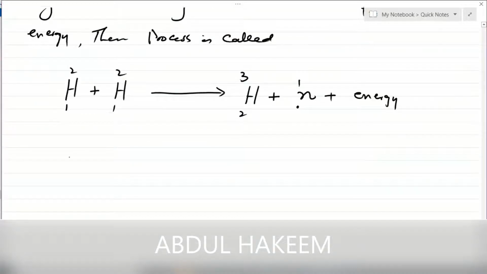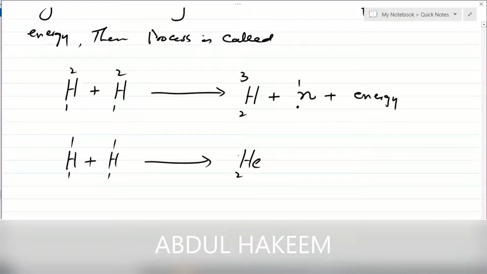And sometimes H11, they form the helium along with the energy. So when two or more light nuclei are combined together to form a heavy nucleus along with the release of the energy, then the process is called nuclear fusion.